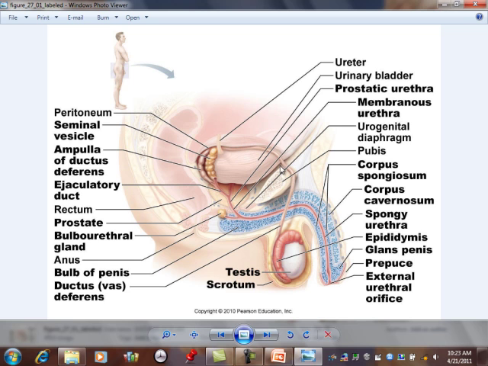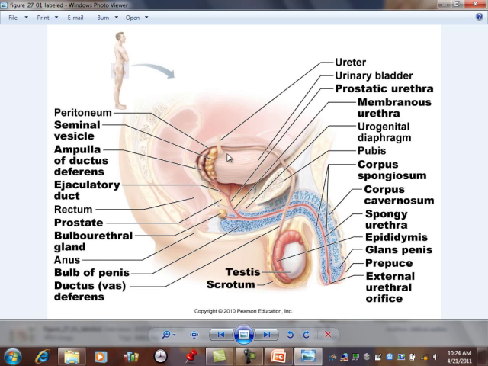Different glands, and back to the pathway. We're going to take a trip through this area. What's this called? It's called the vas deferens. And then we're going to pass by some glands that are going to, again, add substances to this sperm to help it on its way. All of these substances combined, that is called semen. And all of those substances are going to help mature those cells and protect those cells in their travels.